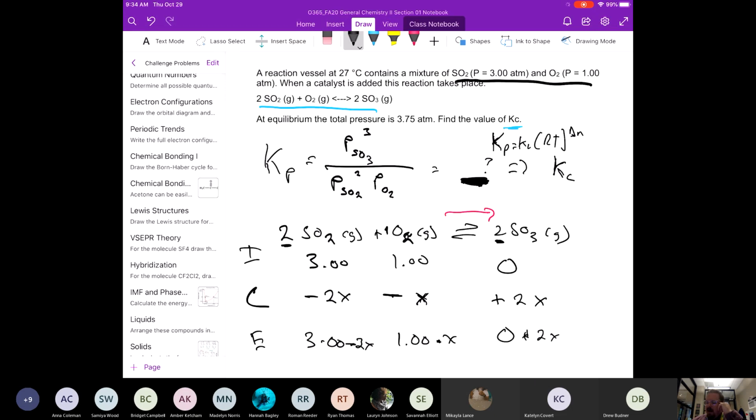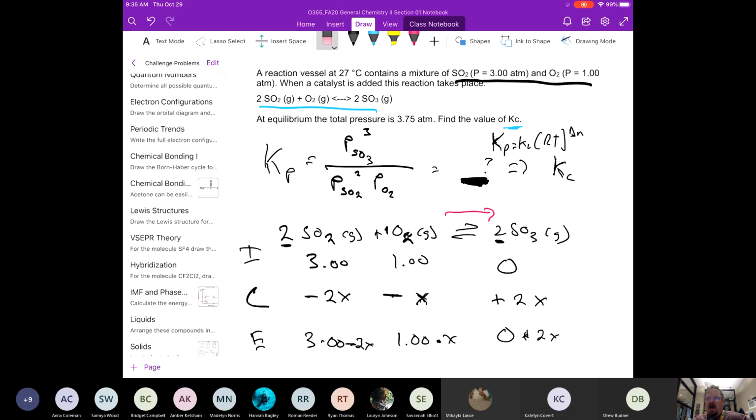I will warn you, we can set up an ICE table where we actually move in the other direction, in which case we would be subtracting here and adding there. In this example, that's not the case. So it doesn't always have to be subtracted from the reactant side and added to the product side. It depends on where we are in comparison to equilibrium. That makes sense. All right.